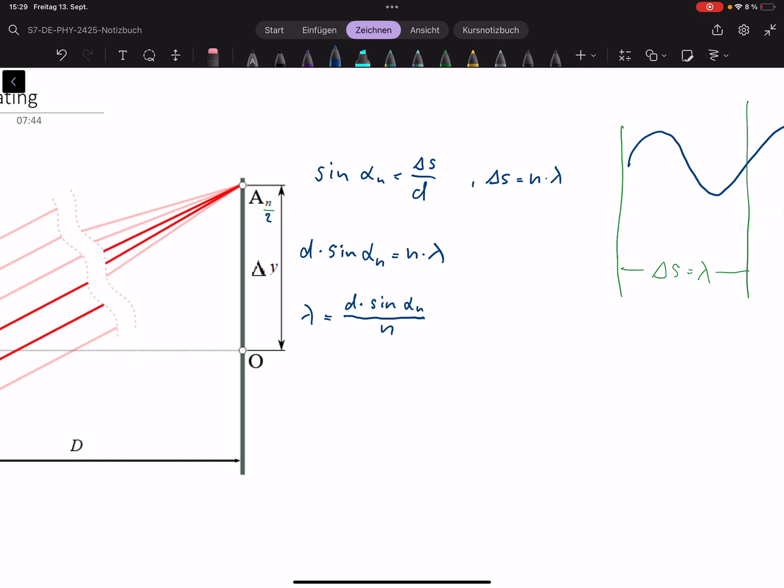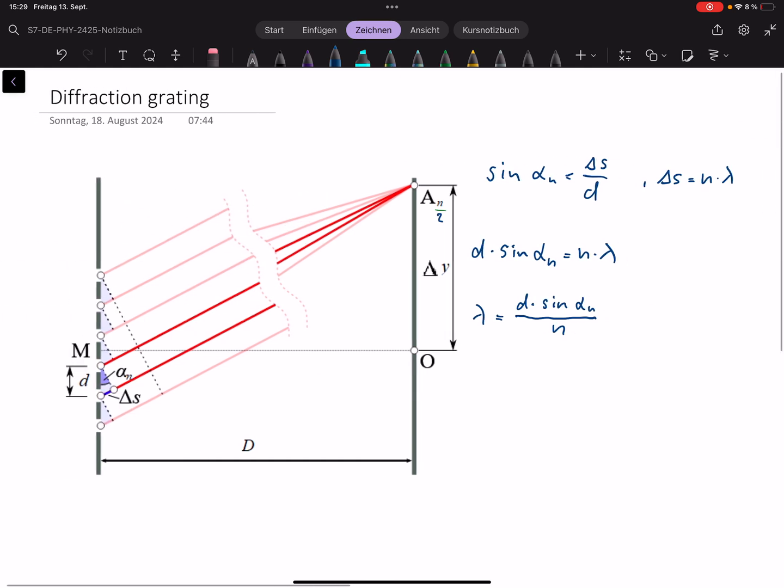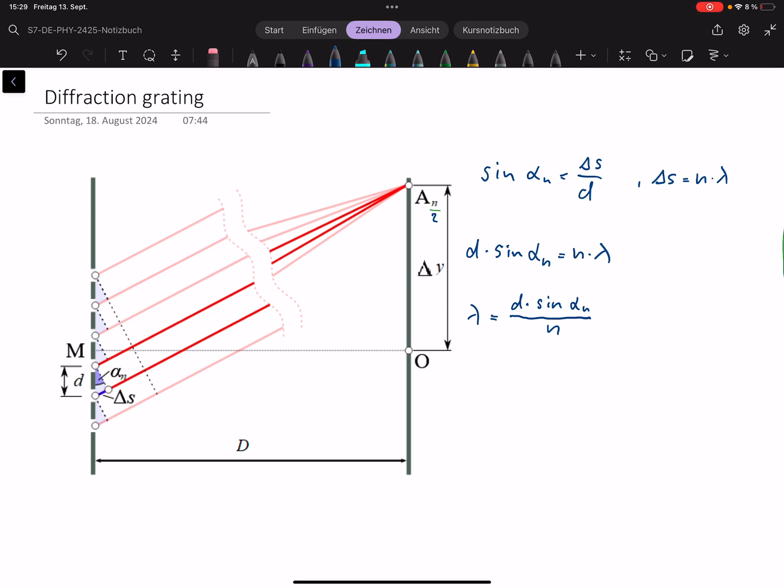Now, what's the purpose of all of this? It could be that we use the light of a certain light source. We've got the grating and we can measure the distances, meaning the distance between the grating and the screen, the distance delta y between several maxima, and what is normally given is the small d, the slit separation.